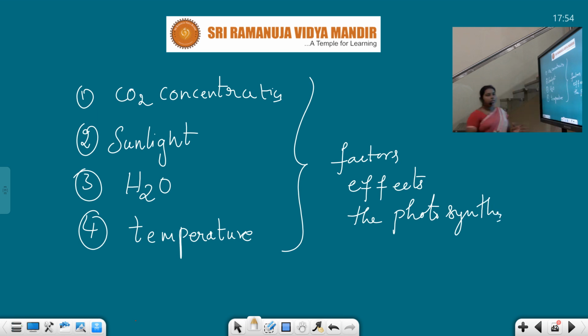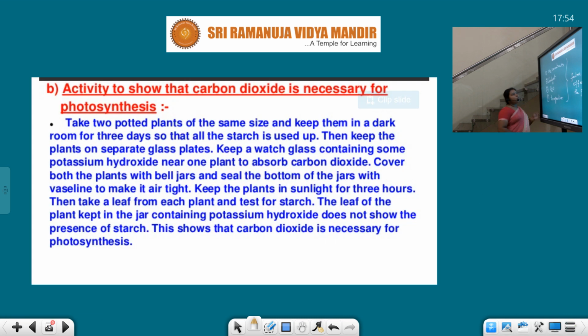Okay, the amount of carbon dioxide available, sunlight, water, and temperature. Now in the next phase we are going to learn about certain experiments, activities, to show in detail whether carbon dioxide is necessary for photosynthesis or not.